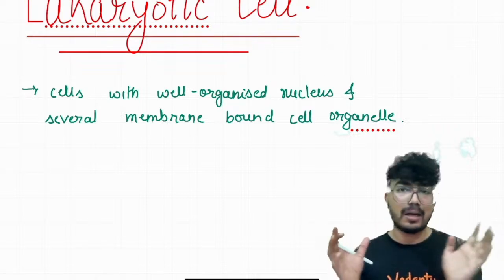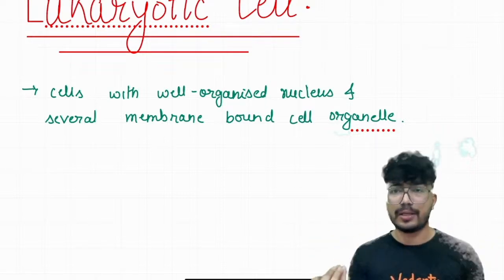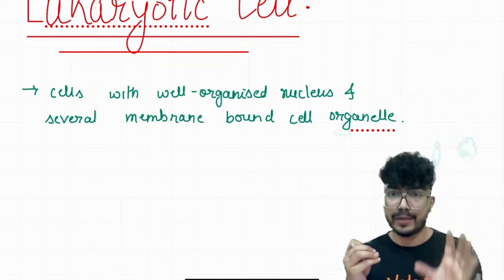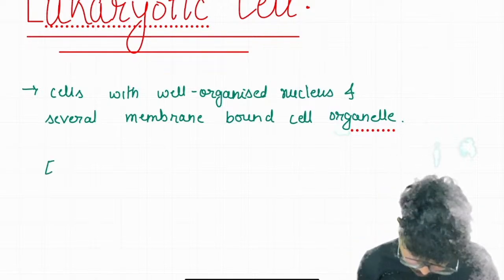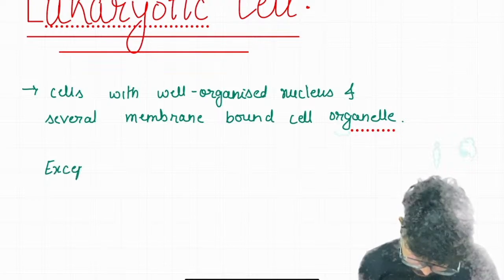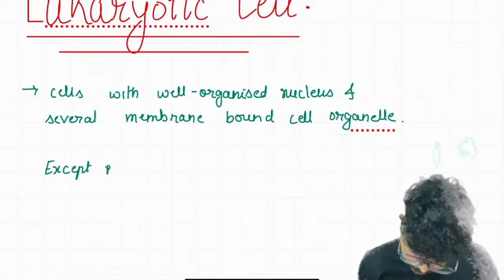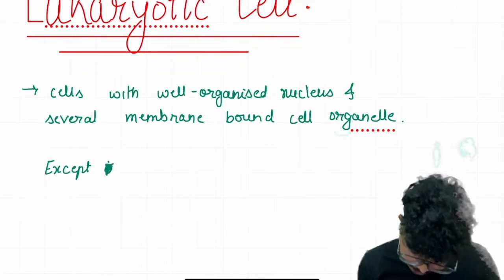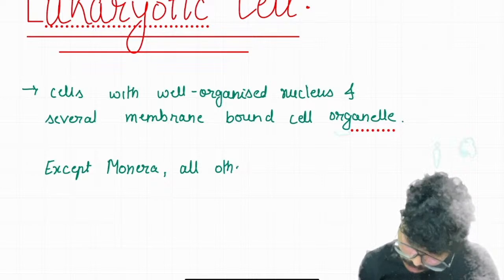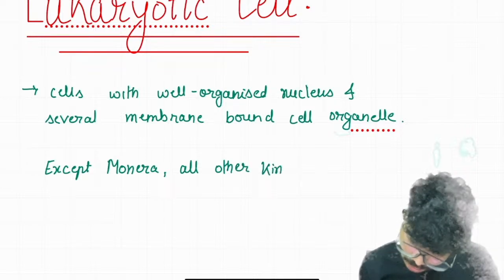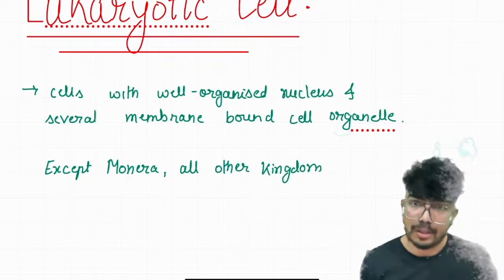So except Monera, the members of all other kingdoms are eukaryotic. Only the members of kingdom Monera are prokaryotes, the rest are eukaryotes. So except Monera, all other kingdoms have eukaryotic organization.